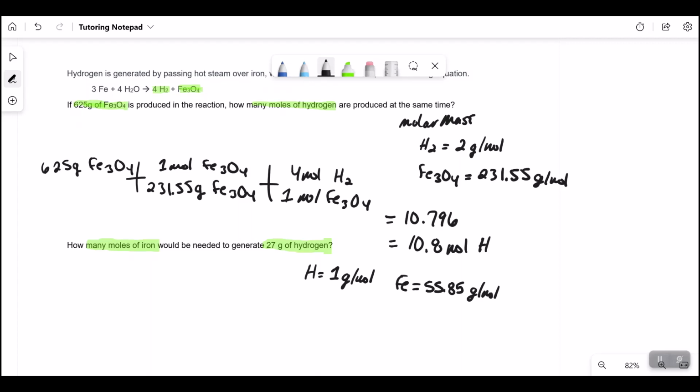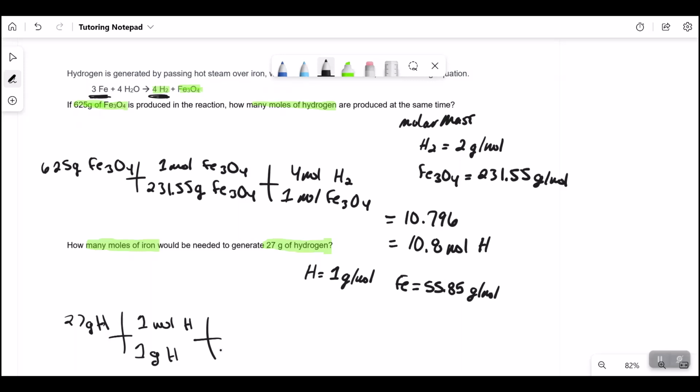So we're starting at 27 grams of hydrogen. And we have 1 gram of hydrogen equals 1 mole of hydrogen. When we look at the molar ratio, we can see that in this case we have a 3:4 ratio.